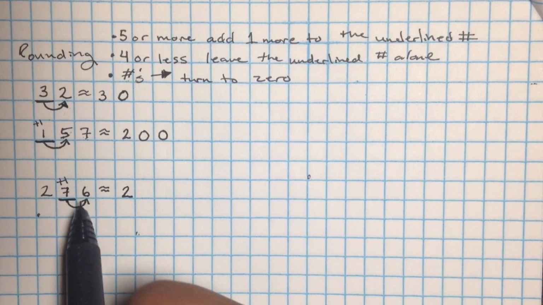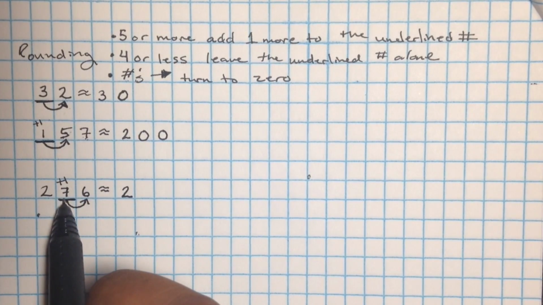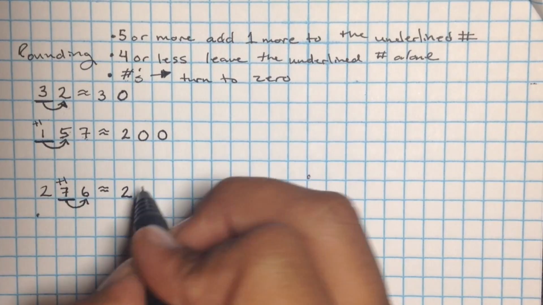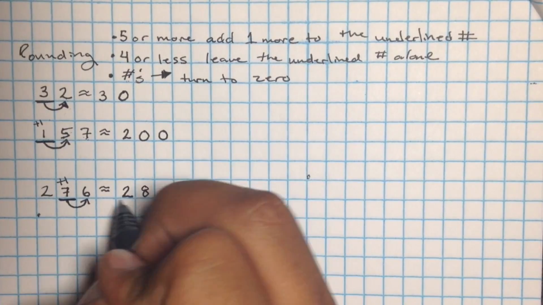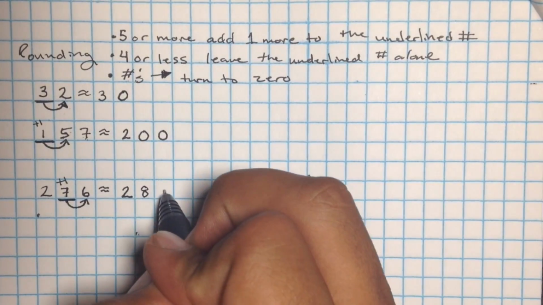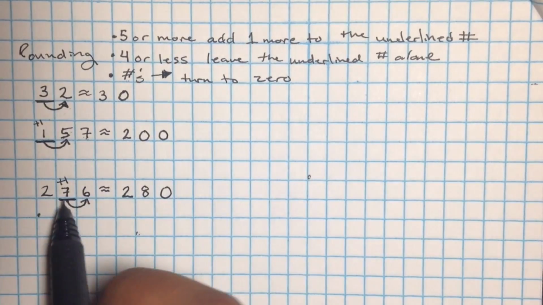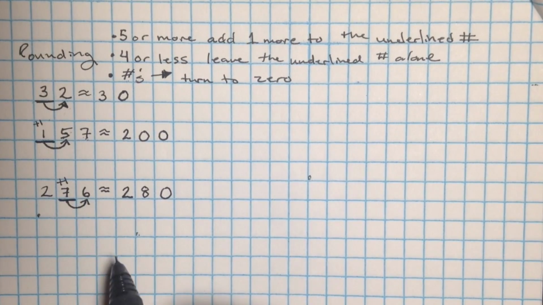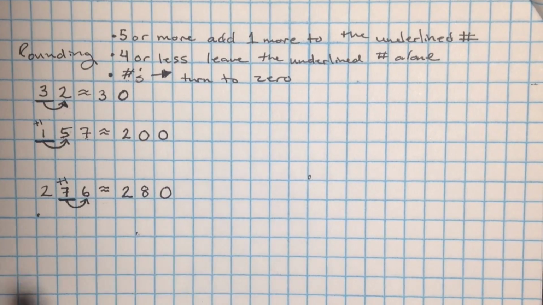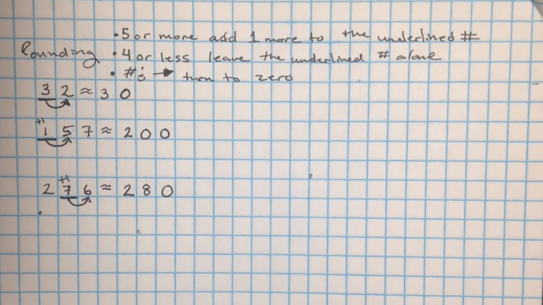The only ones changing are the underlined number and everything to the right of the underlined number. So 7 plus 1 gives me 8. The 6, numbers to the right turn to 0. So 276 rounded to the nearest 10 is about 280. Alright, let's try a couple more.